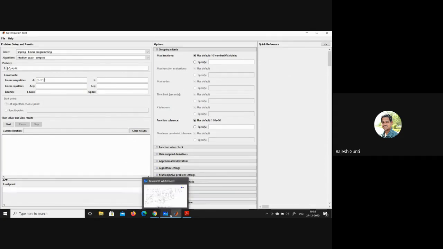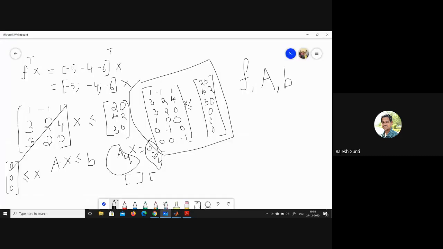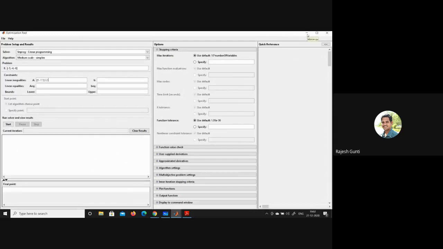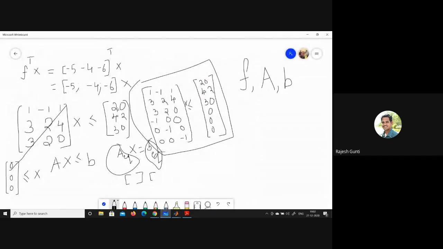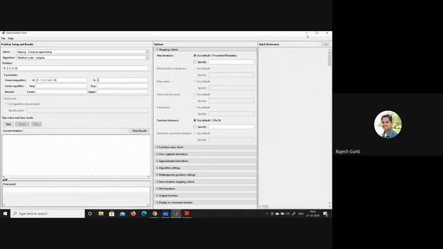Okay. 1 minus 1 1; 3 2 4; 3 2 0. Then the right hand side B. We should not give B is equal to here, only B. We have to enter matrix B: 20; 30; 42; 30.